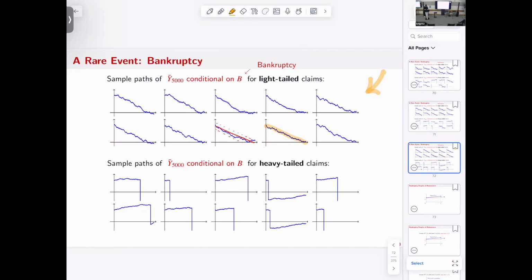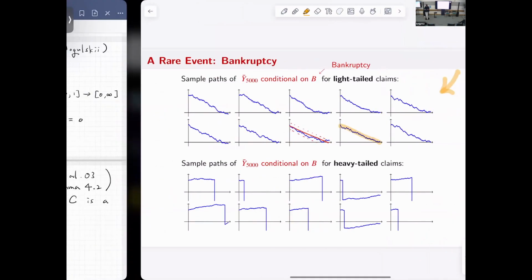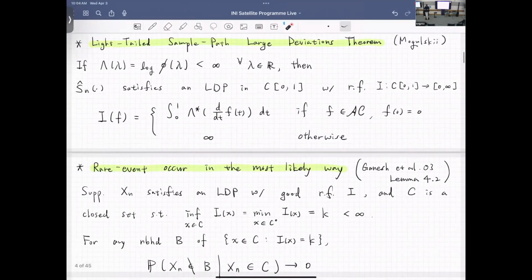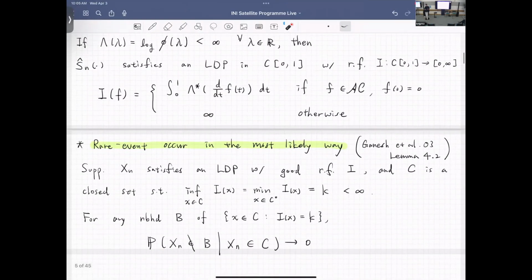And these wiggles are within the neighborhood of it. All right. This is why large deviations theory is so useful, because it precisely characterizes how the rare events arise.